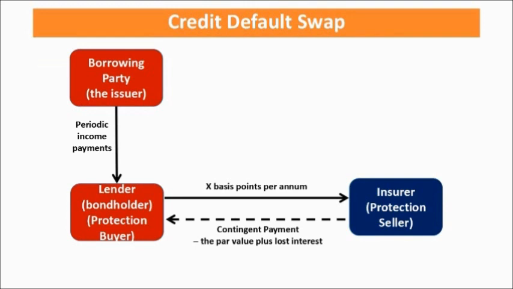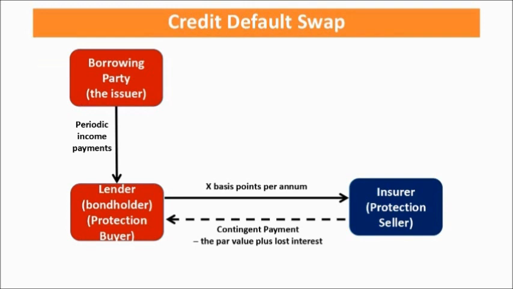So to avoid this scenario, the lender wants to ensure that the loss that can occur from the borrowing party is covered, so he enters into a credit default swap agreement with some other party. In this scenario, it might be an insurer. See here, in blue, the insurer party.